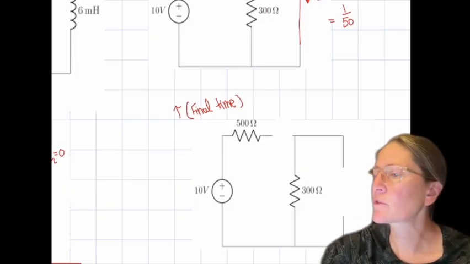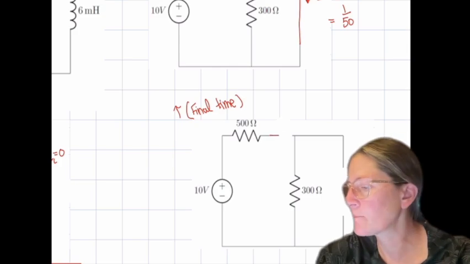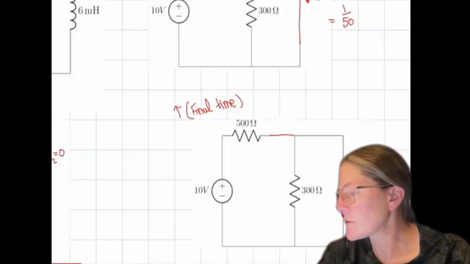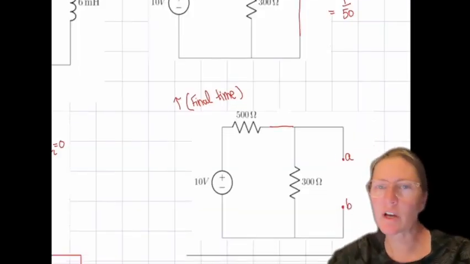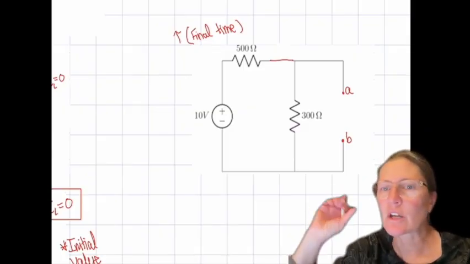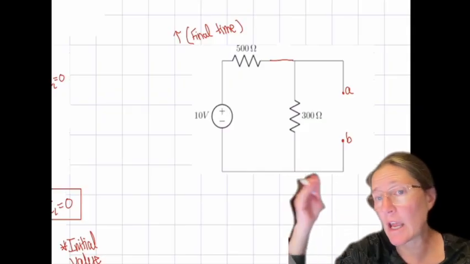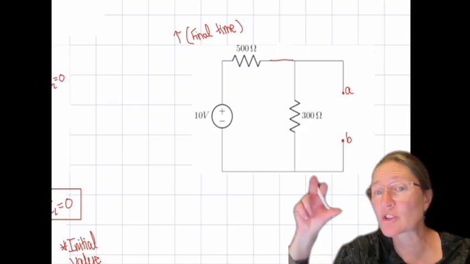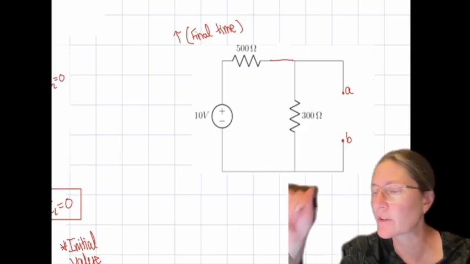And the inductor will have sat there again a long time. But that doesn't really matter for this because we're trying to find the resistance that the inductor sees. So that equivalent resistance, we need to put an A and a B location, which is going to be at the location where the inductor is. And we take out the inductor.